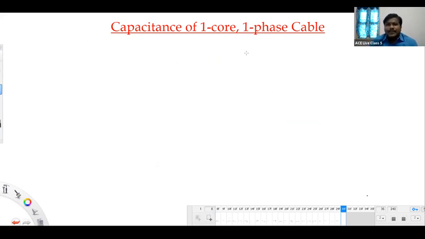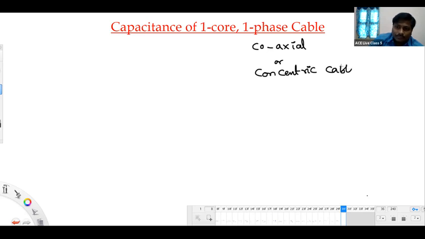One more thing I want to tell you. This cable we are discussing now is generally called a coaxial cable, or concentric cable.